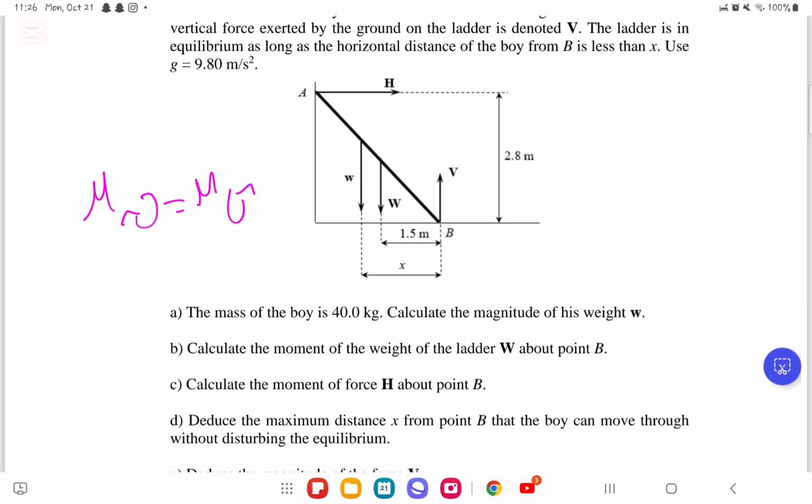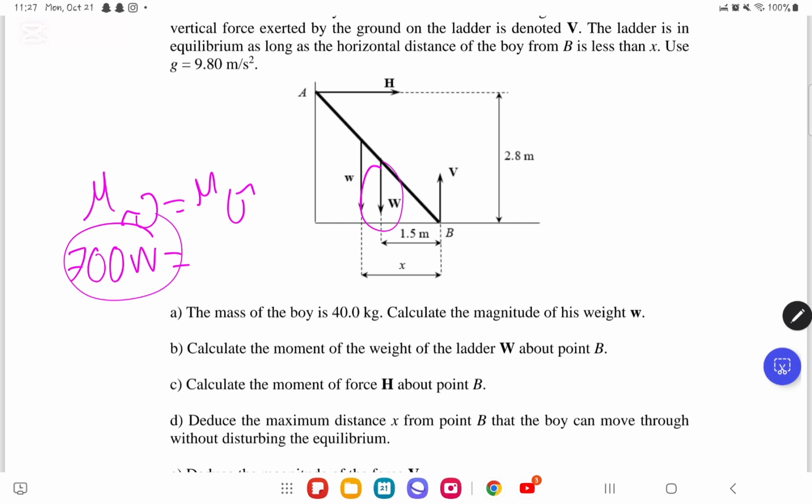Actually, the weight is the counterclockwise force, okay? And H, the horizontal, is the clockwise force. So, my mistake for mixing it up.